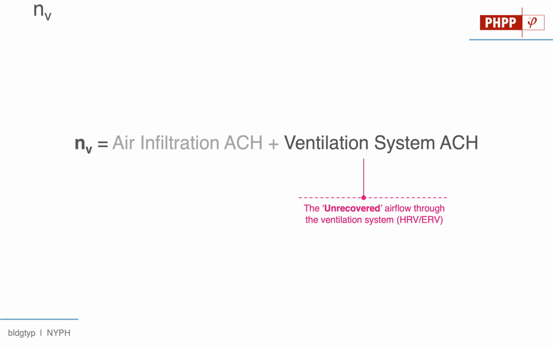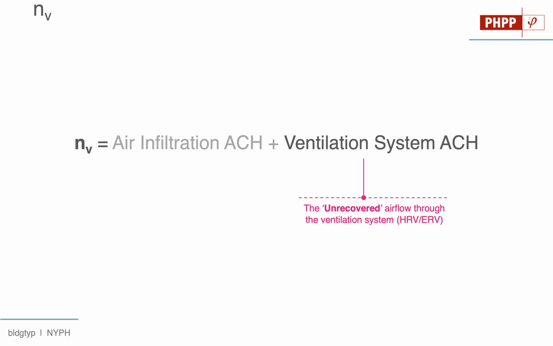So okay, we're going to input all of that information in order to calculate the air infiltration air exchange, the ACH, at normal pressure. That's fine, all right? But then we also have to input all sorts of information about the ventilation system itself in order to calculate a total system air change rate, a total system efficiency, and then figure out the so-called unrecovered airflow through that ventilation system.